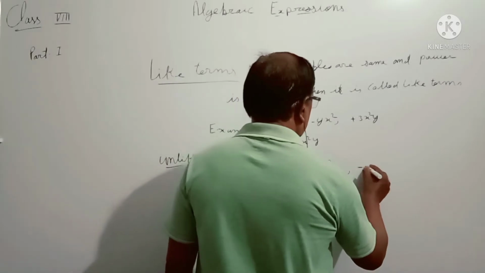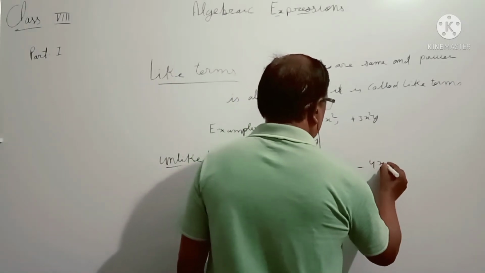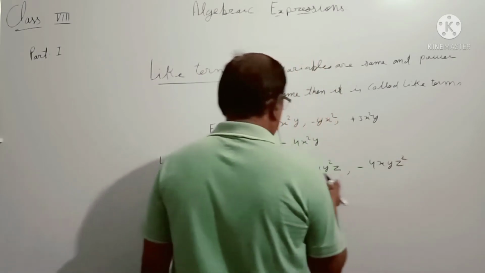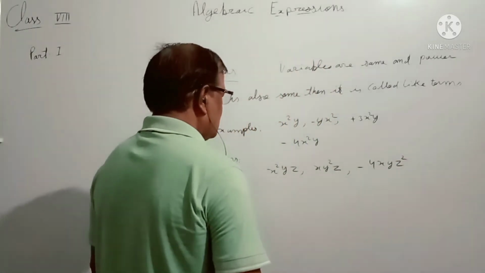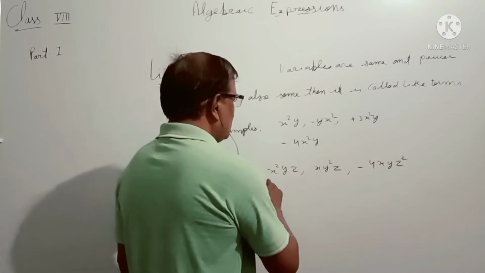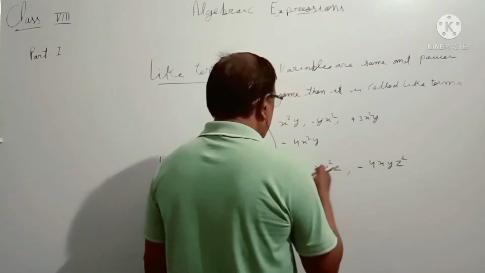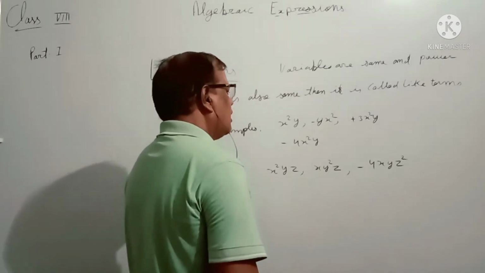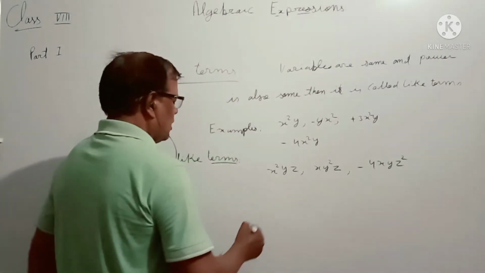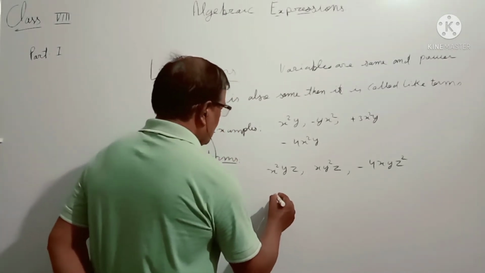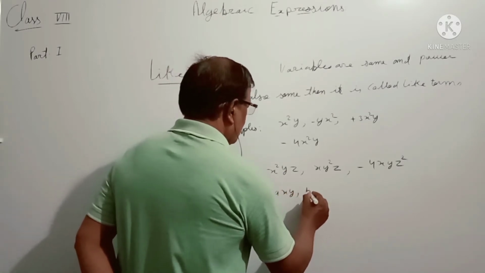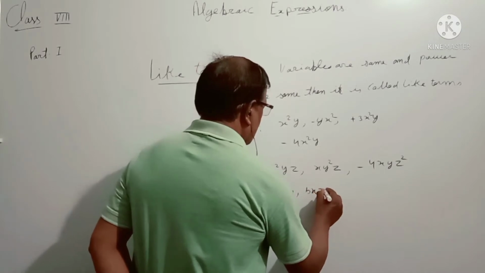And we can write 4x y z square. It is also unlike terms. This way we are seeing variables are same but not used the same number of times. So these are unlike terms, or they may be different also, as a x y, a b z.